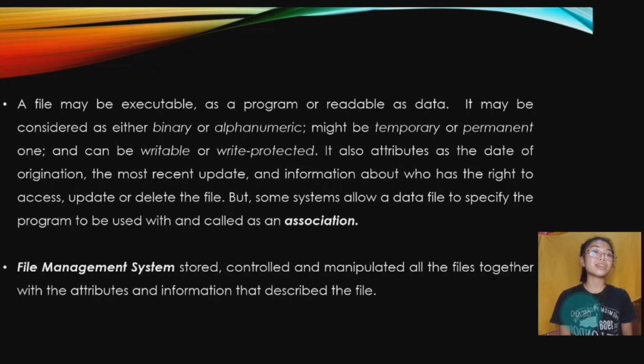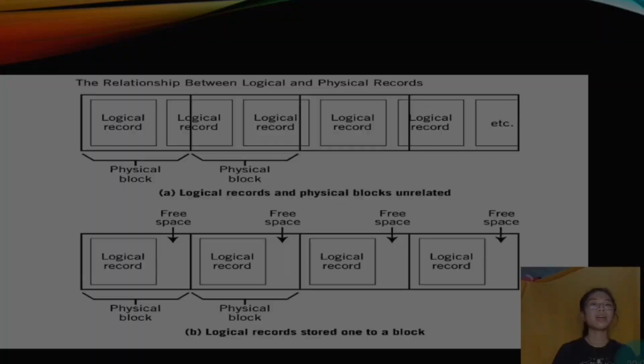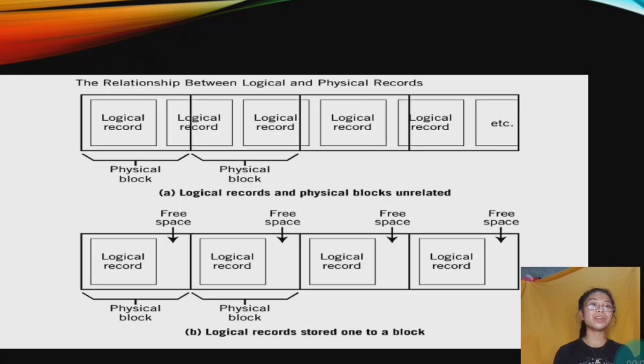But some systems allow a data file to specify the program to be used with it, called an association. So the file management system stores, controls, and manipulates all the files together with the attributes and information that describe the files.